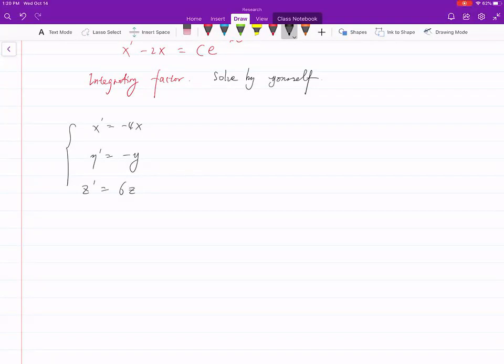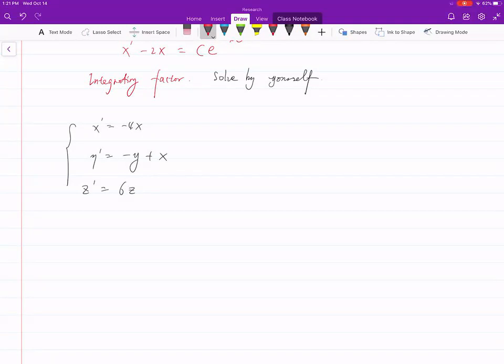You can solve each one individually. Okay. What if I plug an x here? Now, is this one completely decoupled or not?